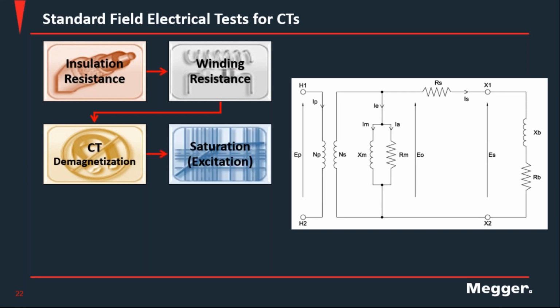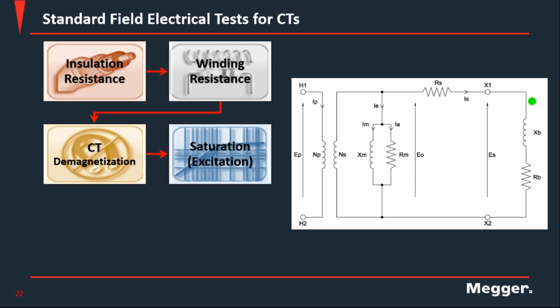After you have the CT or the instrument transformer demagnetized, you can perform the excitation test. The purpose of the excitation test is to understand the condition of this section of the instrument transformer, the core and the magnetizing, inductive part of the transformer.